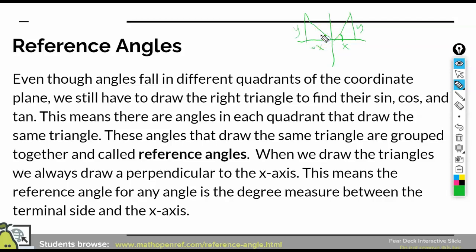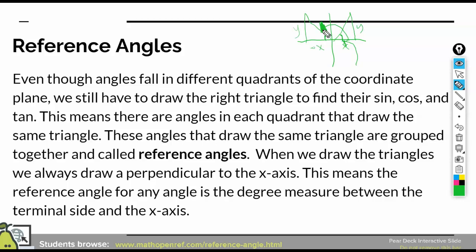And so when you do that ratio, they're going to give us the same ratio. They just have a different sign. And so even though we're talking about this angle for that terminal side over here, this is its reference angle, the one from an actual right triangle that we're using to get the sine or the cosine for that angle.